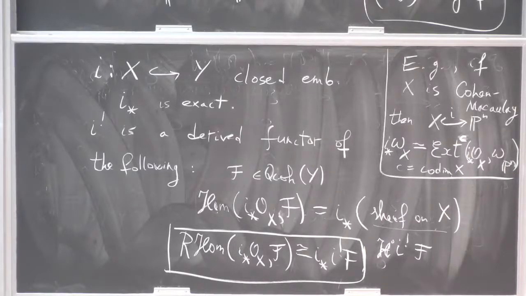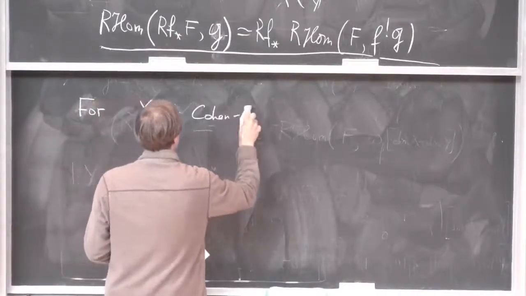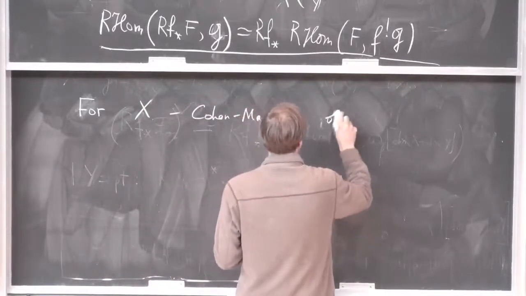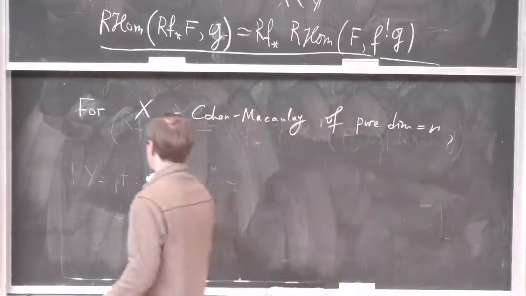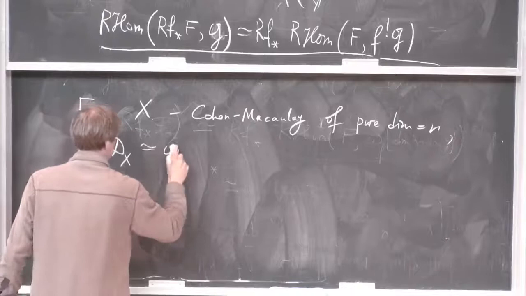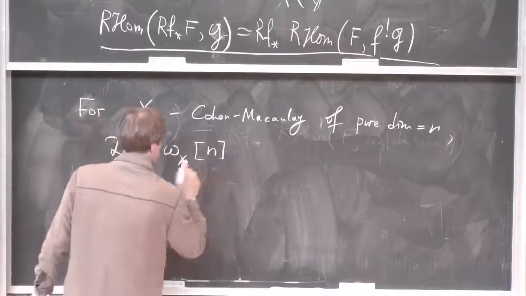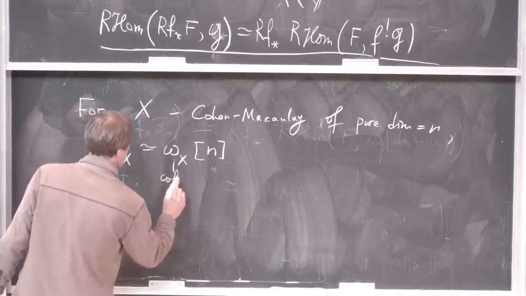So the version for X Cohen-Macaulay of pure dimension n: the dualizing complex is just going to be omega_X shifted by n, where this one is no longer a line bundle as in the smooth case, but it's some coherent sheaf.